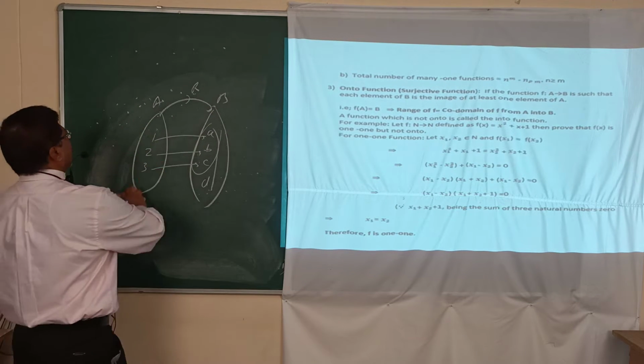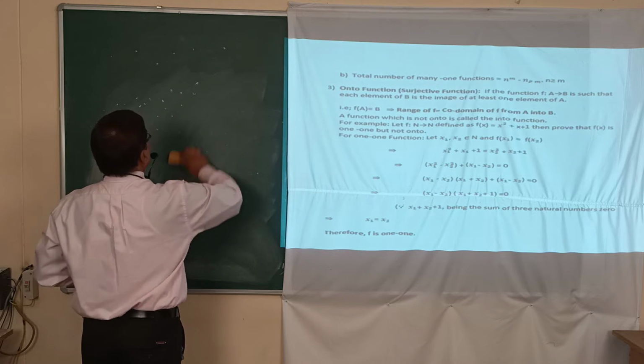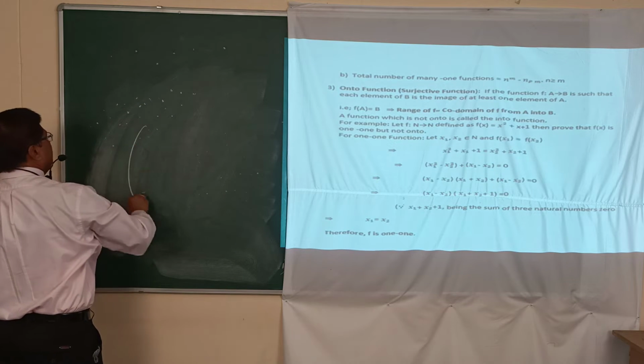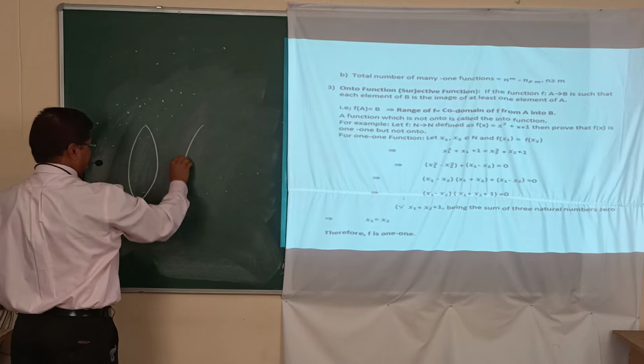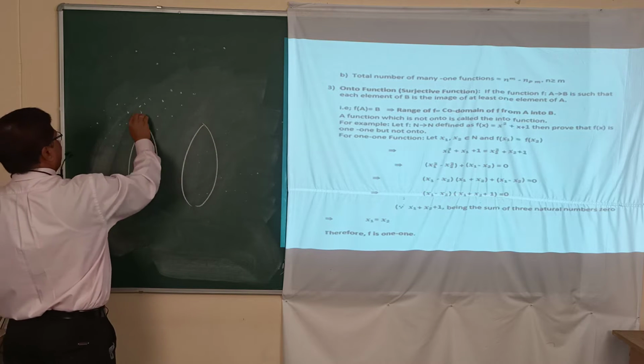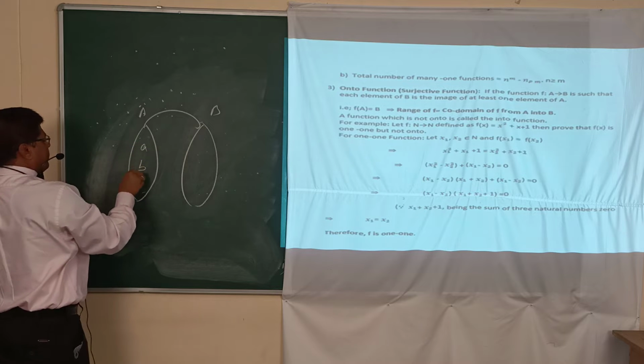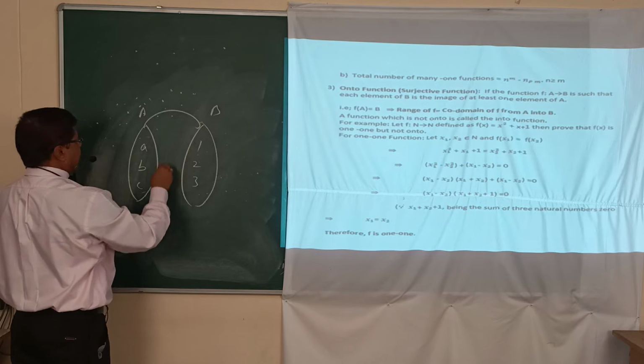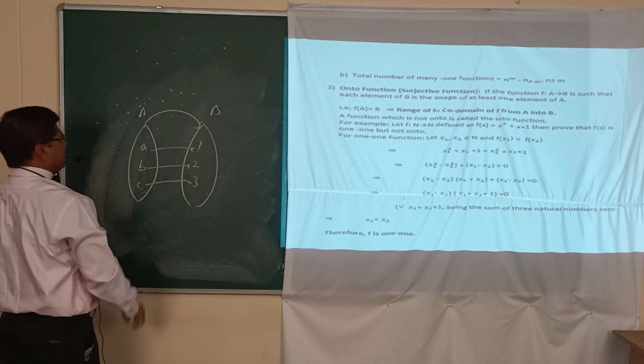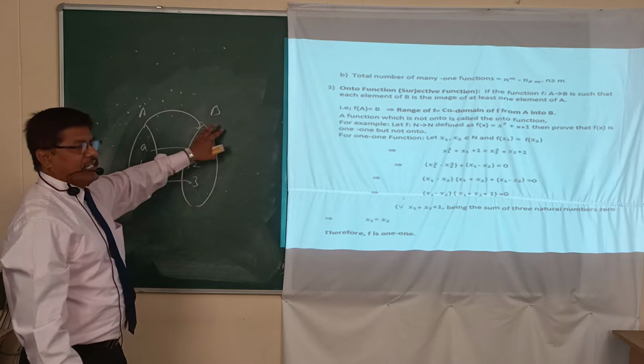So in an onto function, all of you already learned this in class 11, you know onto function: A, B, C, 1, 2, 3. If this is so, there is no extra codomain element here.